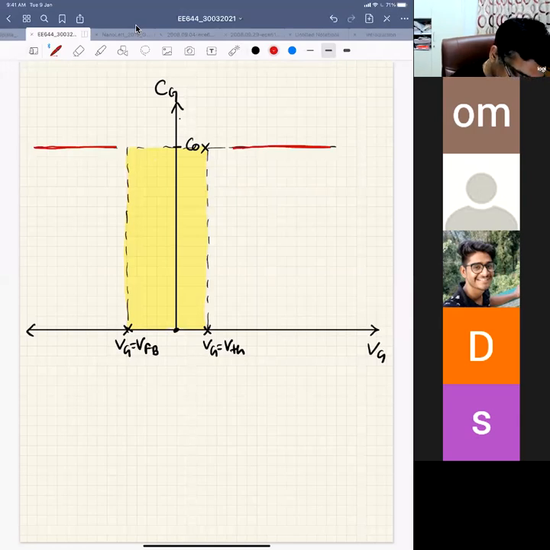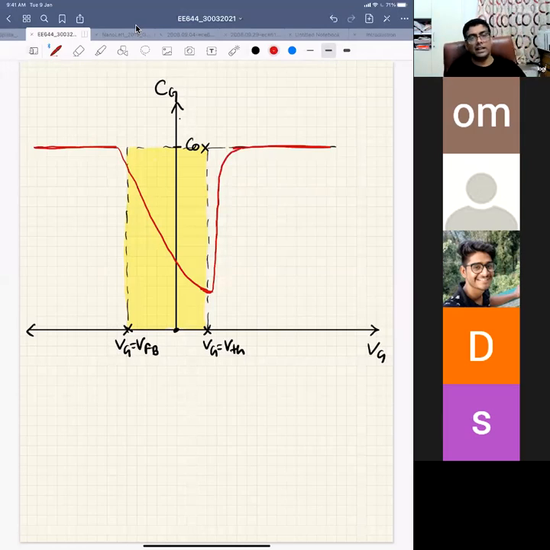Your capacitance will slowly reduce till this point. Then after VG equal to VT, you have a lot of inversion charge, so the capacitance will suddenly increase again. So this is your CV characteristics.